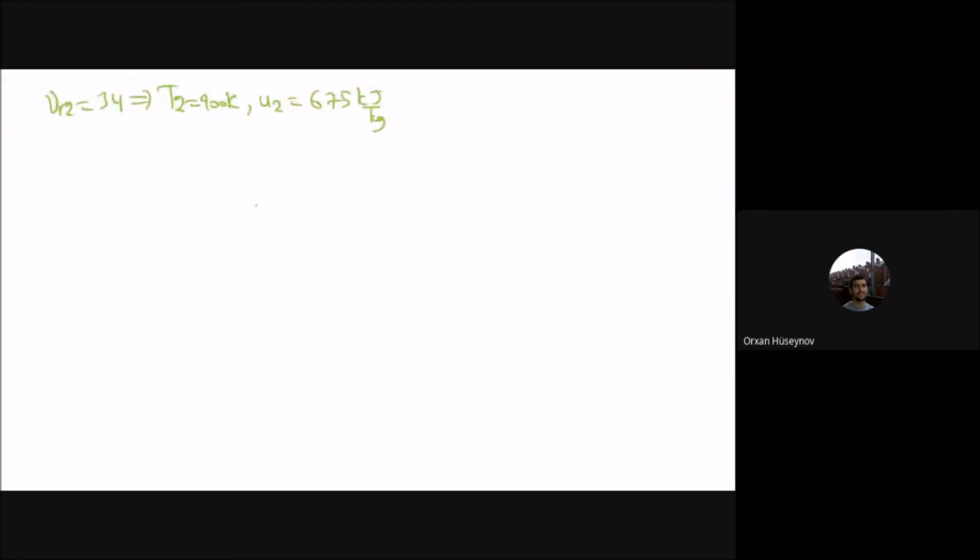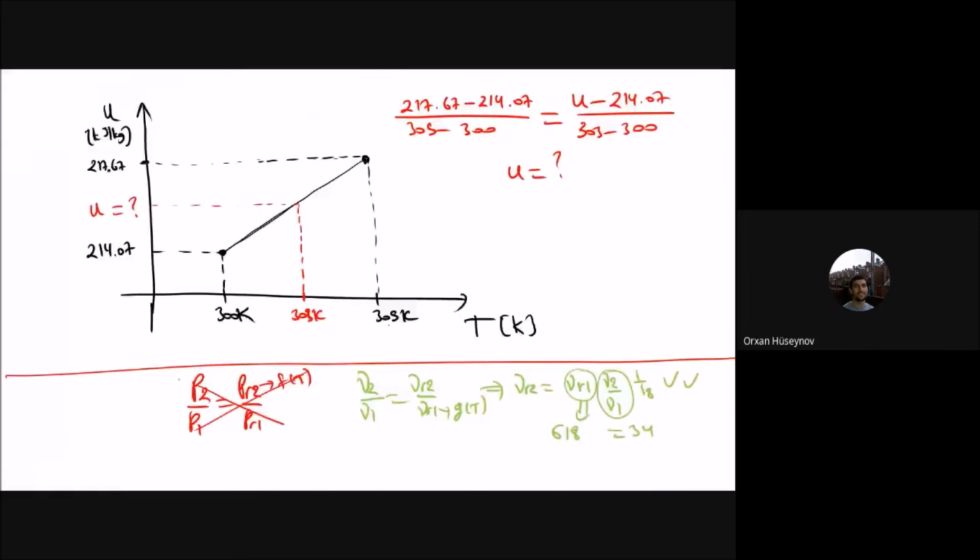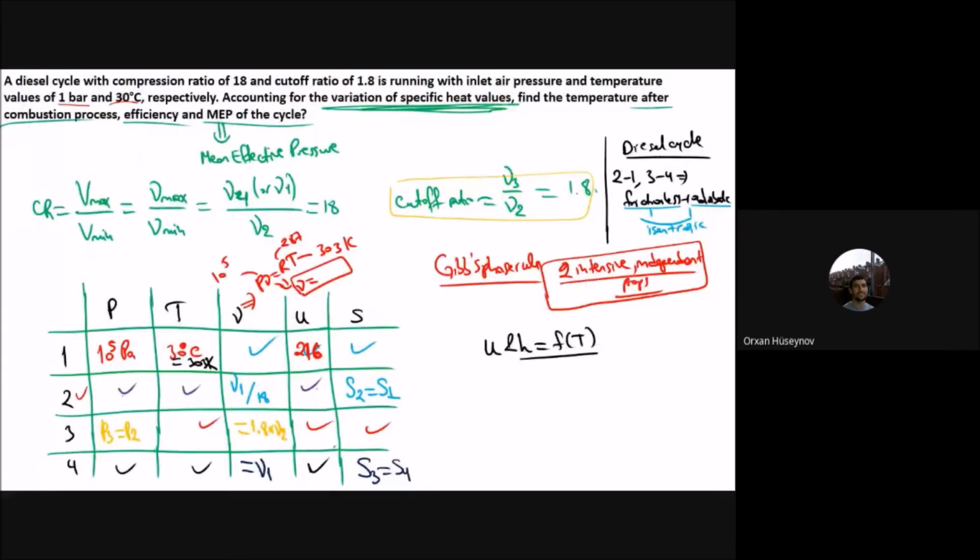So therefore, for stage 2, I have found that temperature value, I know that internal energy value, and I can find the nu 2 value because nu 1 value is okay from the ideal gas relationship. And if you solve that equation, you will have that.